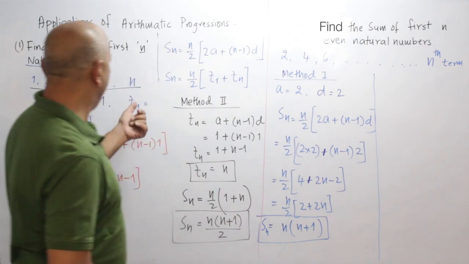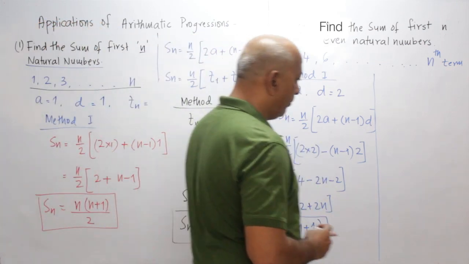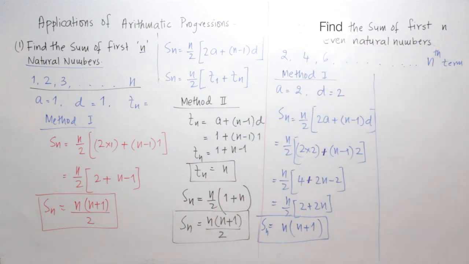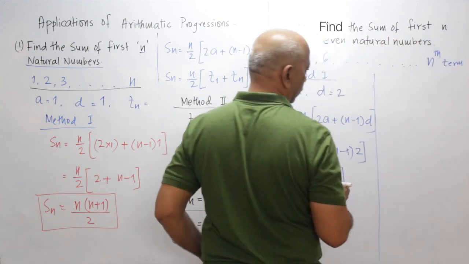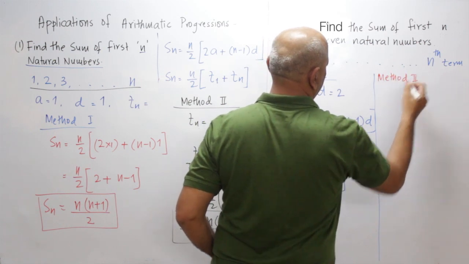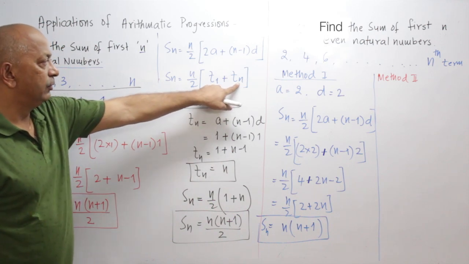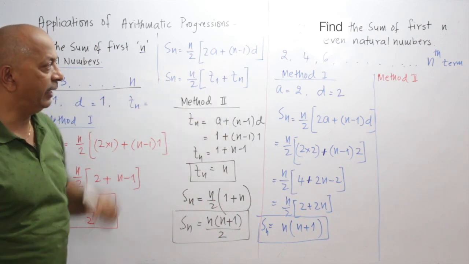Now we have to apply method 2. In method 2 we should know the value of Tn.